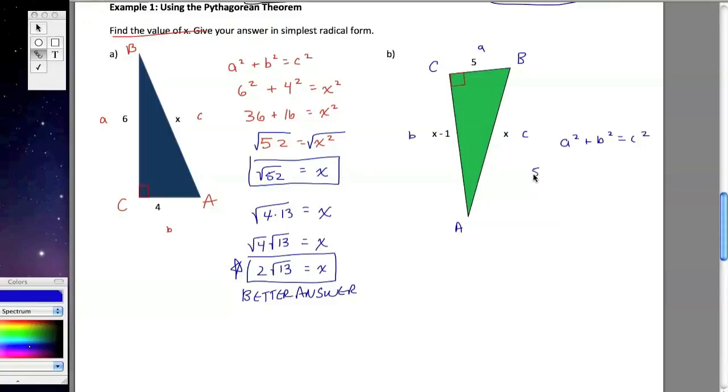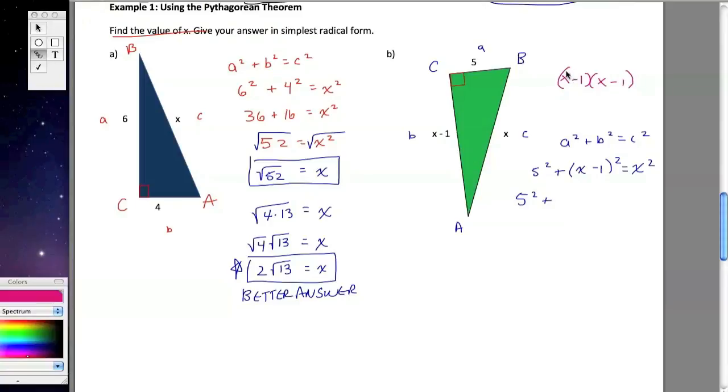So a squared plus b squared is equal to c squared. So 5 squared plus x minus 1 squared is equal to x squared. 5 squared plus, now off to the side here I'm going to expand this, x minus 1 times x minus 1.